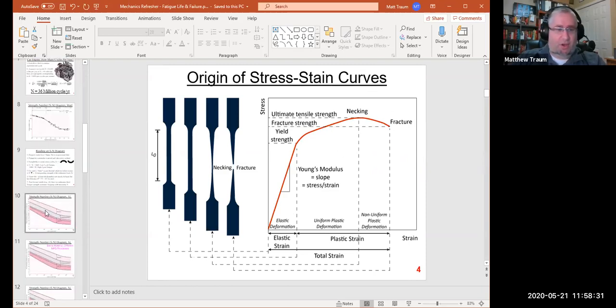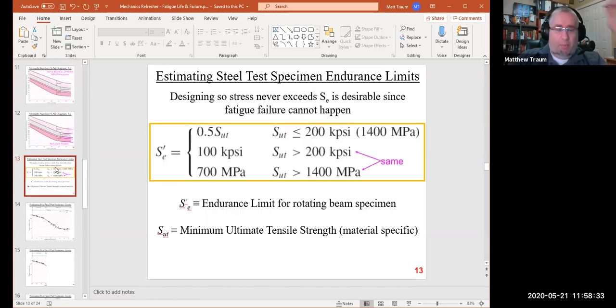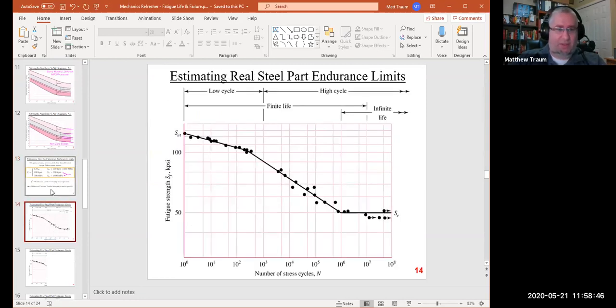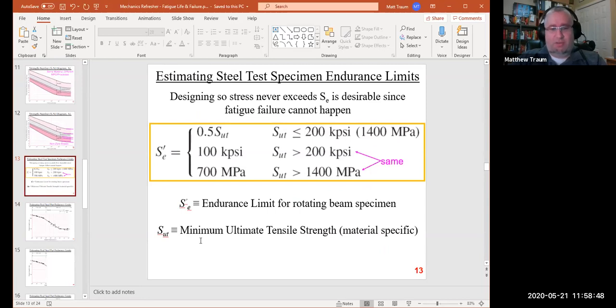I don't want to say one experiment, because you'd obviously want to repeat it a number of times to make sure it was correct, but with very few experiments you can get a good sense of what this diagram looks like. Once you've got that ultimate tensile strength, you plug it into this formula and out pops S prime E, the endurance limit for the rotating beam specimen.